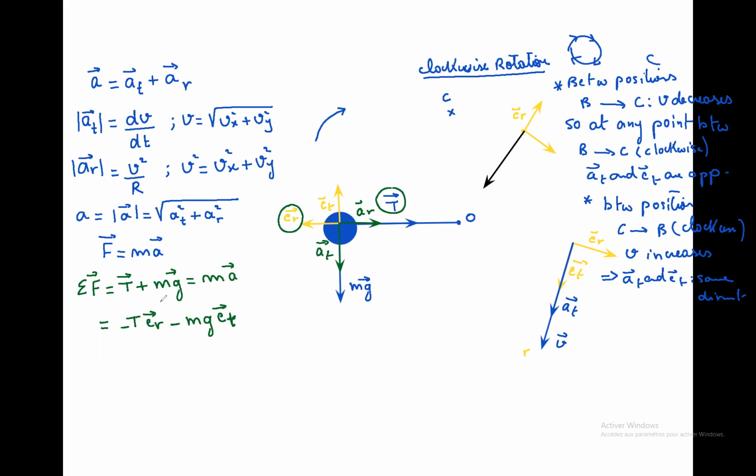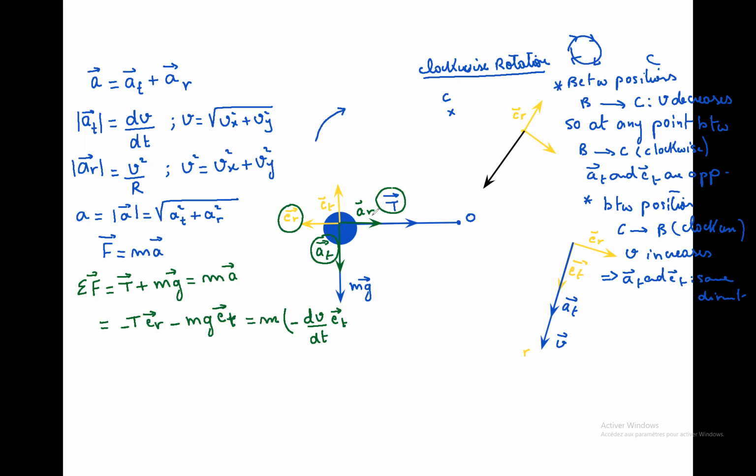Okay, these are the forces equal m. Here we have at and ar. At is opposite to et. We write the magnitude of at equal dv divided by dt, but in the negative of et.